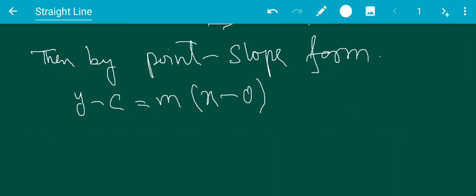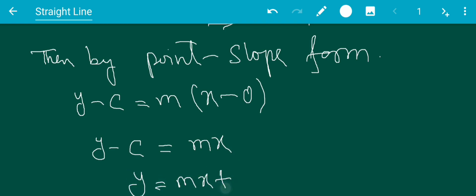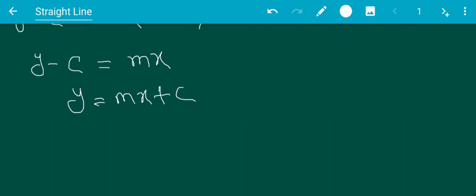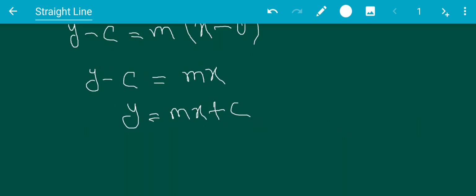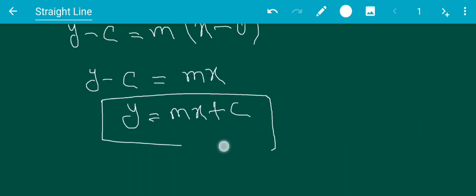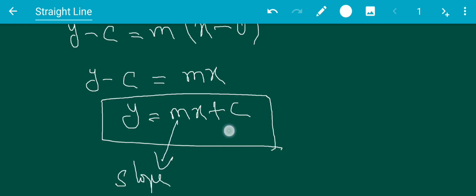So from here I can write y minus c is equal to mx, and y is equal to mx plus c. So this is the equation of a straight line, where this is the slope and this is the y-intercept.